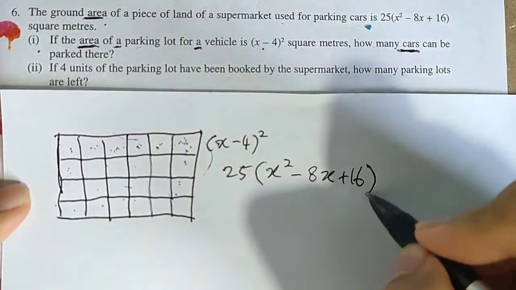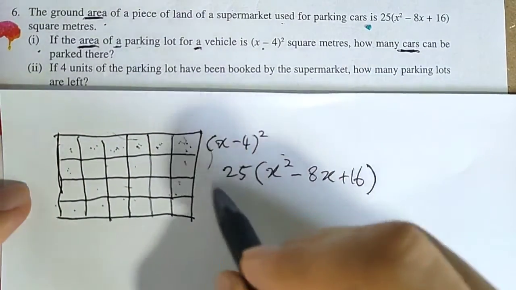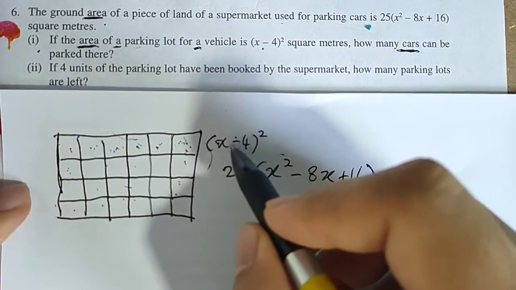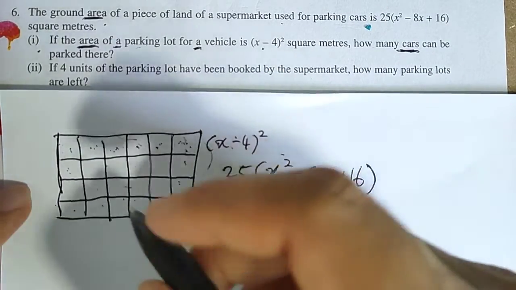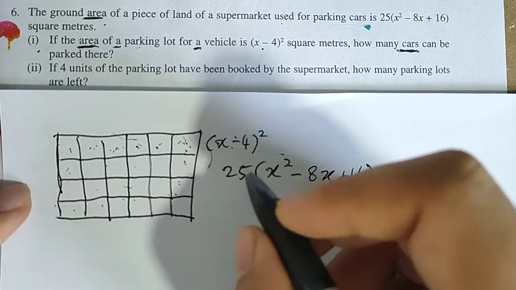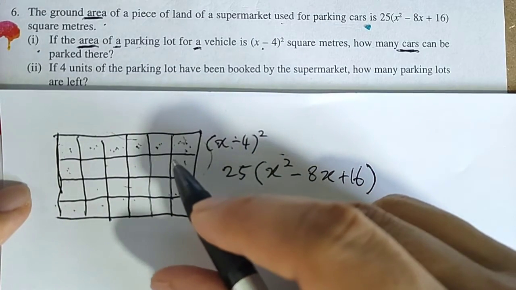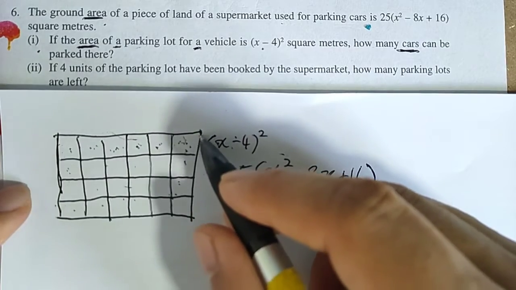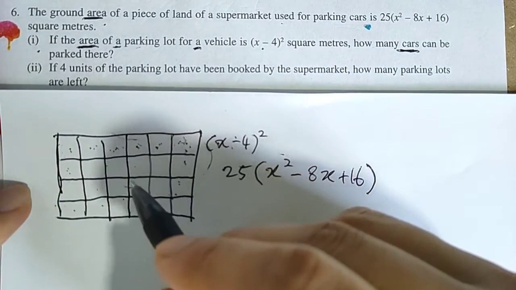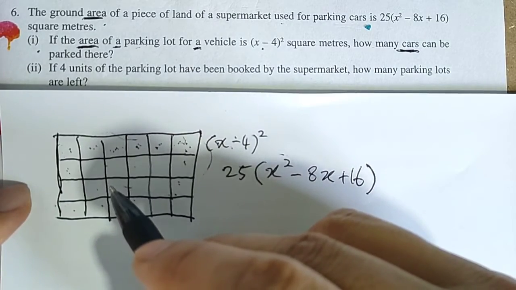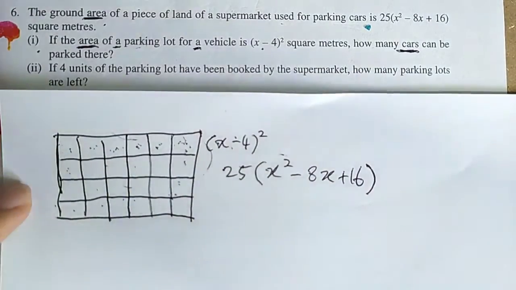Yes, we take this area and we divide by this area, okay? And we'll get the number of small areas that fit in this big area. Okay, I believe you got the idea.